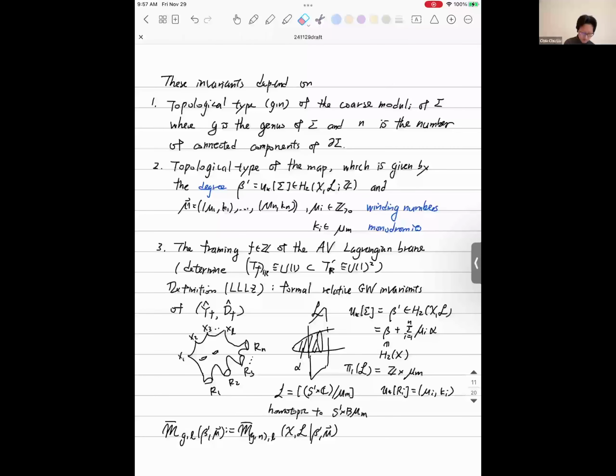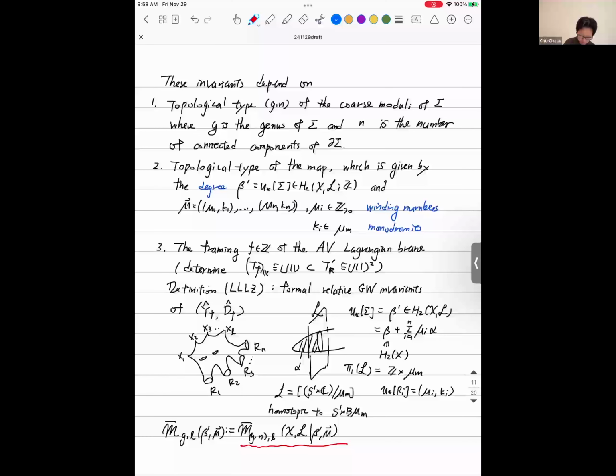So we need to specify G, N, where G tells us the genus, N tells us how many boundary circles there are, L tells us how many interior mark points there are, and beta prime is a relative homology class, the degree in the open Gromov-Witten theory.